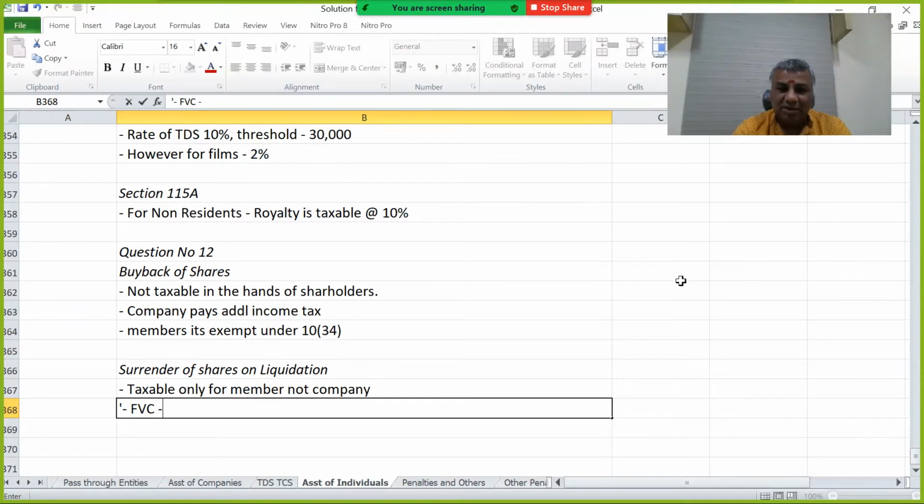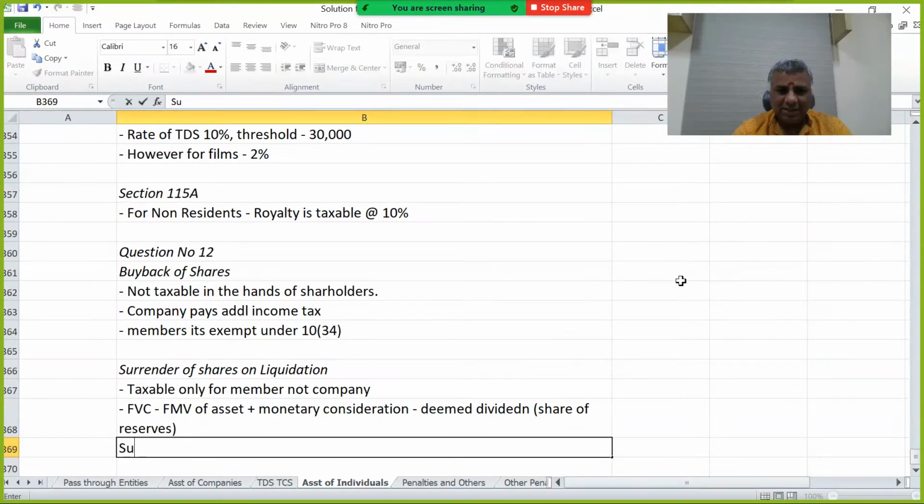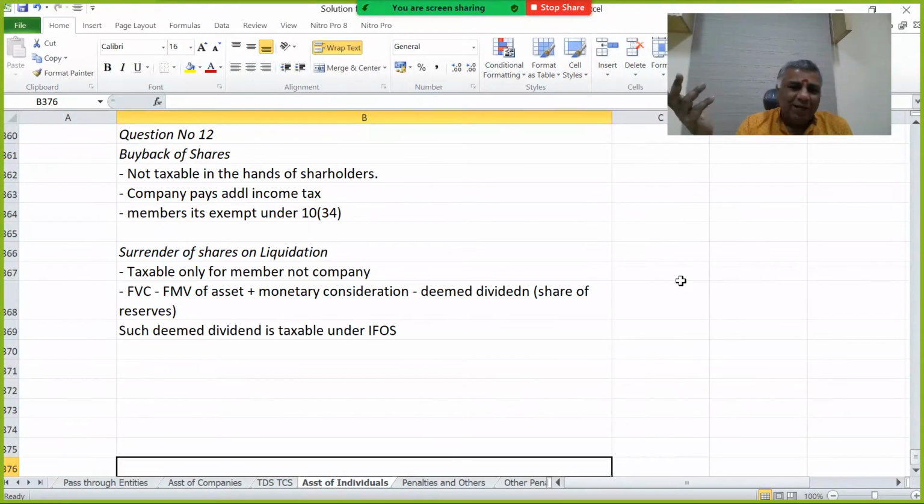Full value of consideration will be FMV of asset plus monetary consideration minus deemed dividend, that is share of reserves. One extra point: such deemed dividend is taxable under income from other sources. Even though you reduce it from capital gain computation, the company is not going to pay dividend distribution tax for that, so such deemed dividend will be taxable in the hands of the shareholder under income from other sources.